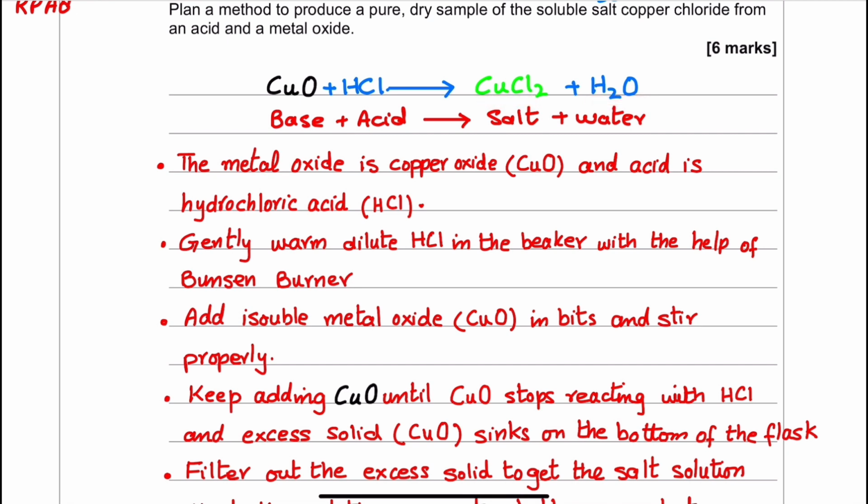The method is planned here. The metal oxide is copper oxide, and the acid used in this investigation is hydrochloric acid. Gently warm dilute HCl in the beaker with the help of a Bunsen burner. Add insoluble metal oxide CuO in bits and stir properly. Keep adding copper oxide until it stops reacting with the HCl and excess solid copper oxide sinks to the bottom of the flask.